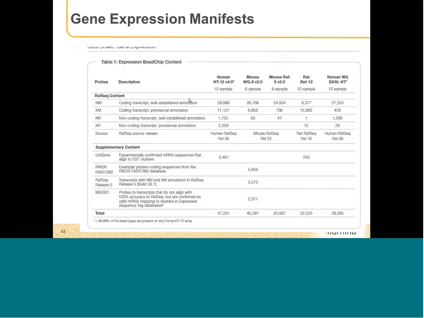You can see here that most of it is from the RefSeq database, and there are different classifications on the RefSeq, but there's also supplementary content that is not as well vetted or as well annotated. There are several thousand probes here for the human chip, and for the mouse chip there are different resources. One of the questions we often get is, what version of the genome build are the coordinates based on?